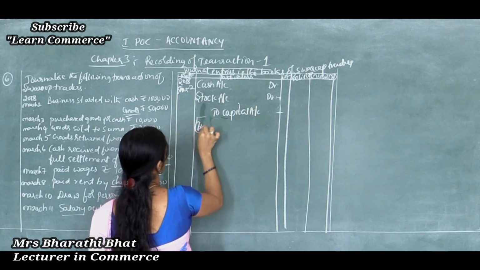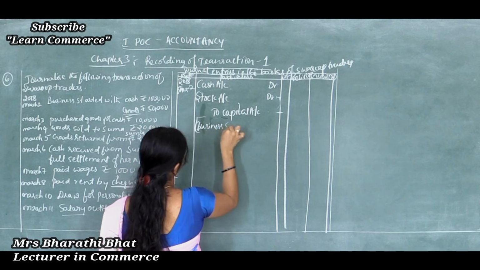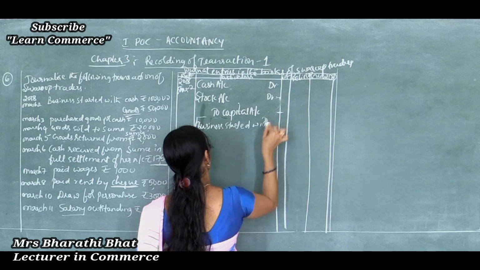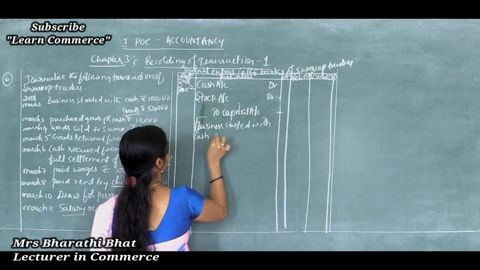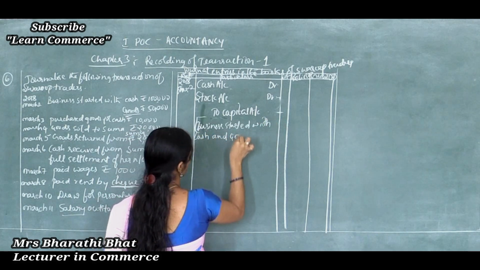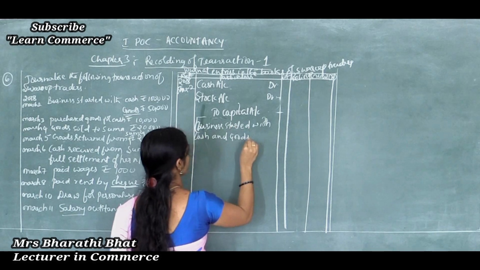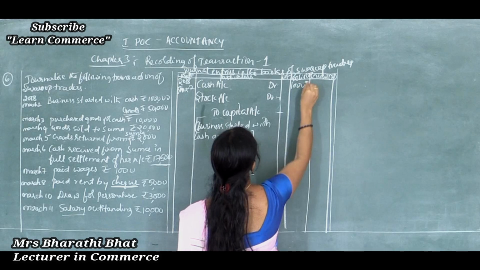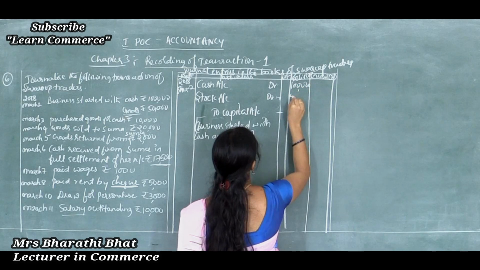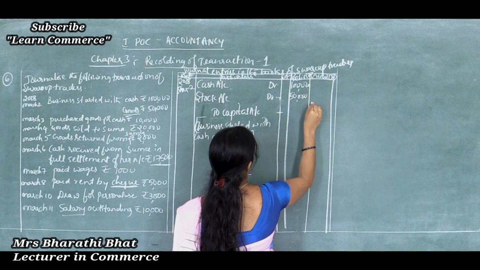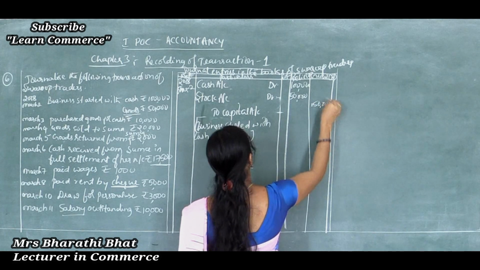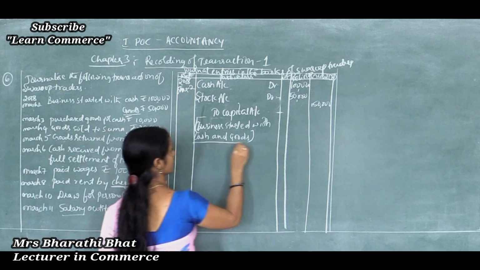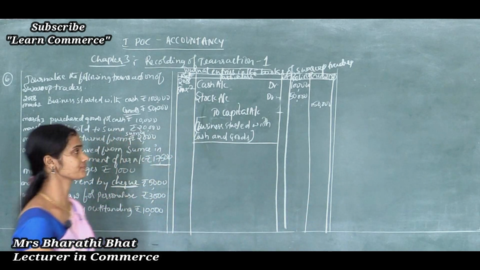Narration, business started with cash and goods. 1,50,000 here. Clear? So, close the entry.